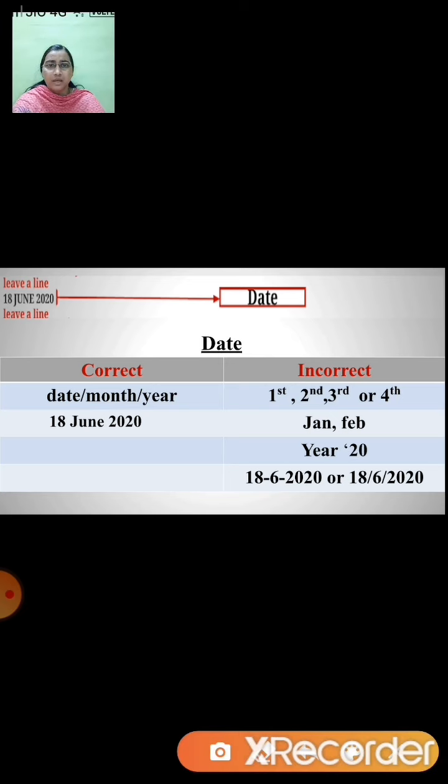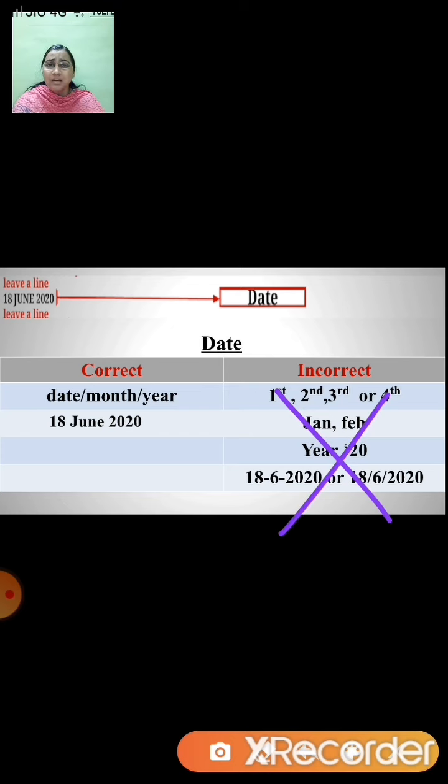I repeat, superscripting the date, or writing an incomplete year like 20 instead of 2020, or using hyphen or slash while writing the date are simply incorrect methods.